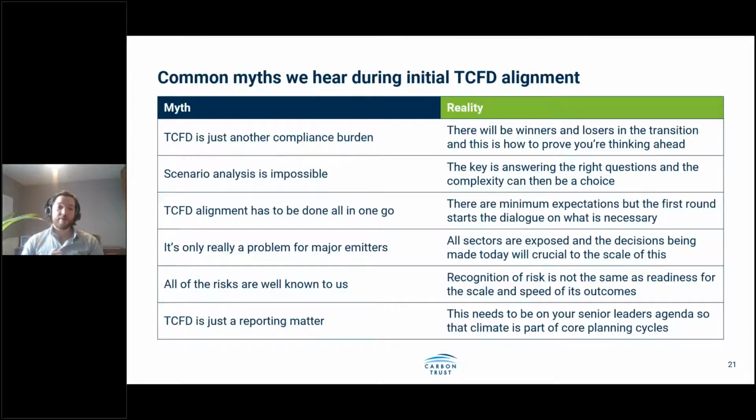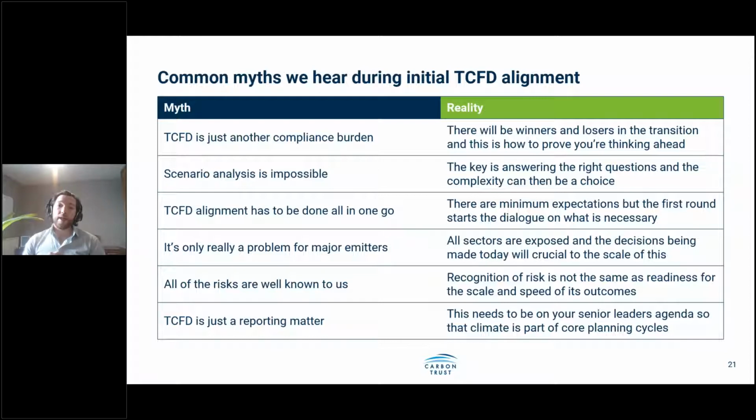Knowing that those risks exist is okay, but really knowing that you're ready for both the scale and speed with which they're developing is a very different position to be in. And the process of going from one to the other is where the value really lies, going from we're aware of these things, we know that they exist, to we're actually making plans to deal with them.